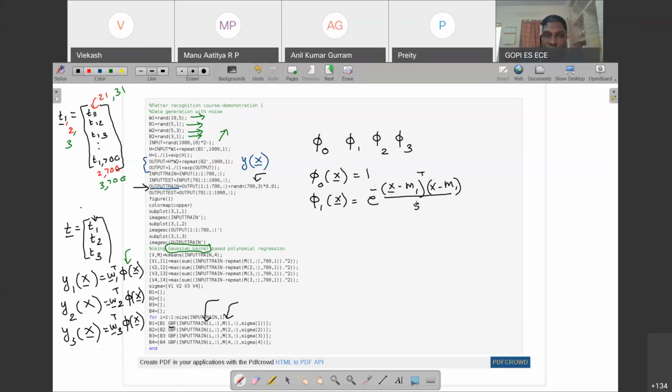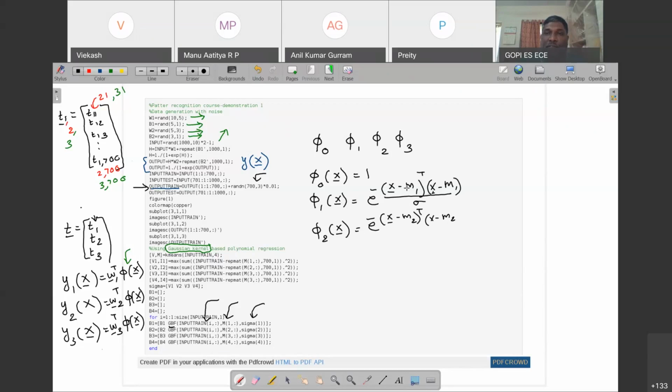Divided by sigma square, that is, you have the variance sigma. So the sigma is given here. Let me use the notation sigma itself. It is like this expression, and we have phi 2 of x, given as e power minus x minus m2 transpose x minus m2, which is a vector actually.